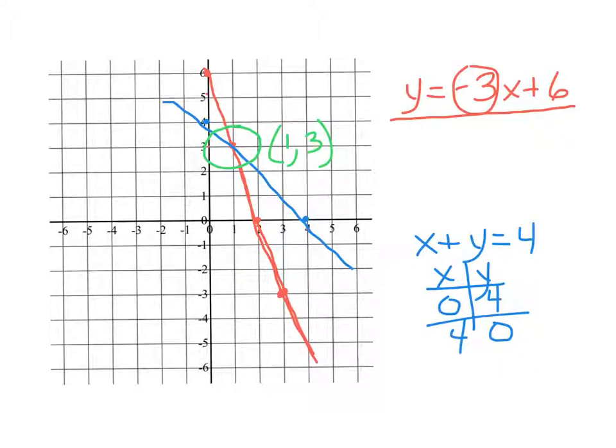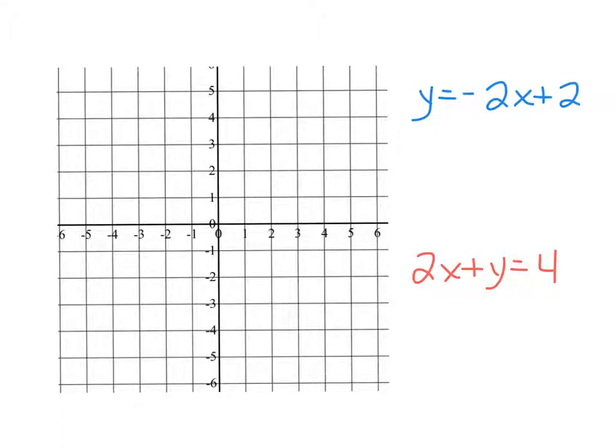It works in this one: if x is equal to 1, negative 3 plus 6 does equal 3, so it does work, and 1, 3 will work in the second equation as well. So the point that satisfies both of these equations is the point 1, 3, and in systems of equations, that's what you are looking for. Is there a point that satisfies both equations?